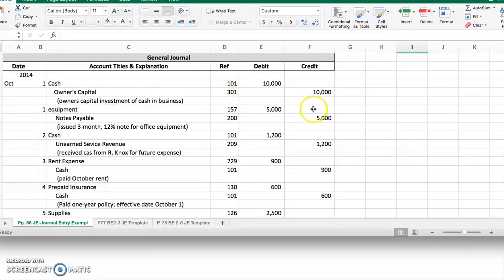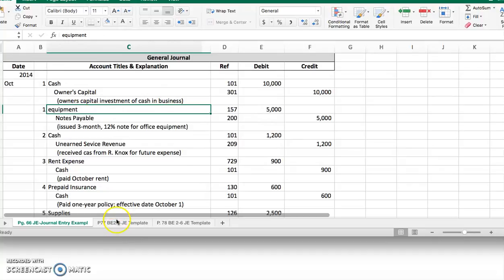Owner's capital increases with a credit. Cash increases with a debit. These are the kind of things you'll get out of the reading. Equipment is an asset, and when it's debited, it's increased. We always do our debits first and our credits second, and credits are indented. If you look here, there's a little indent in the spreadsheet.